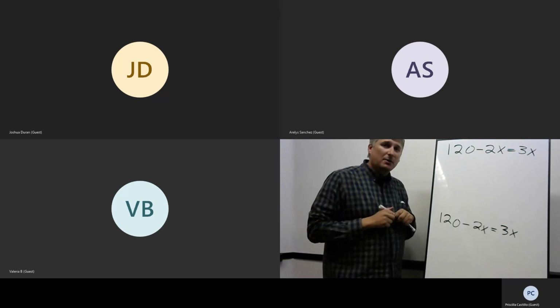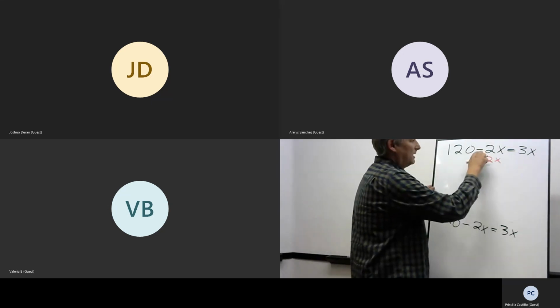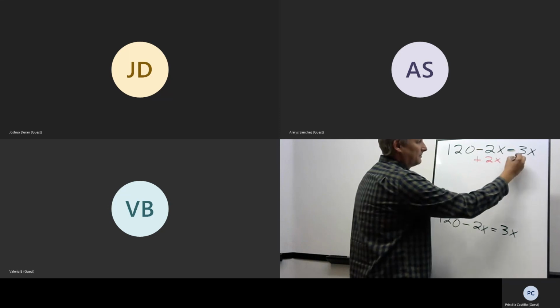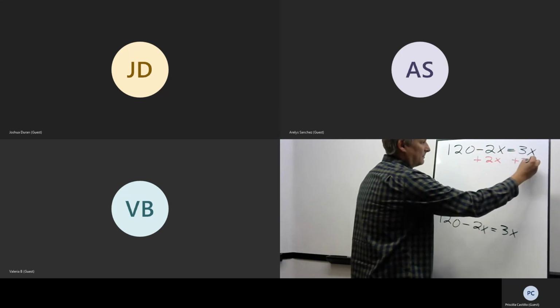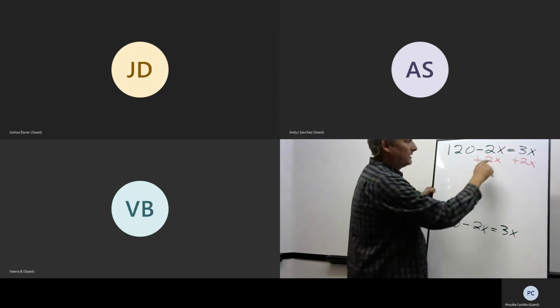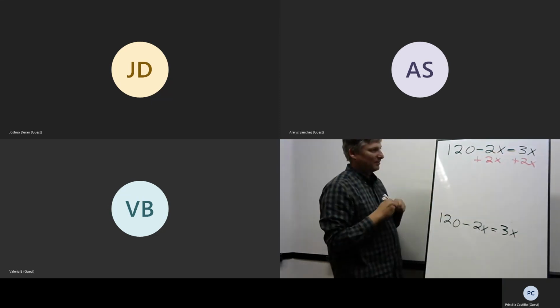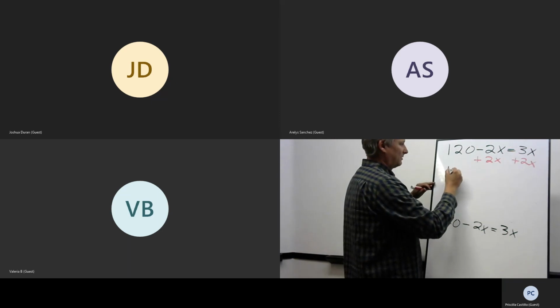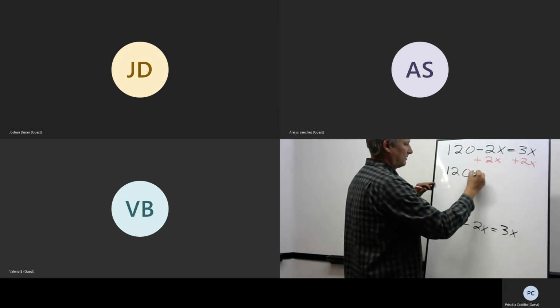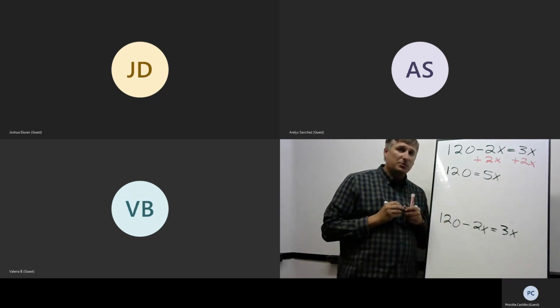So now I'm going to put the x's on one side. Opposite of negative is positive. And I'm going to take care of this, the subtraction, before I deal with anything involving these multiplications. Now I'm going to undo the multiplication.